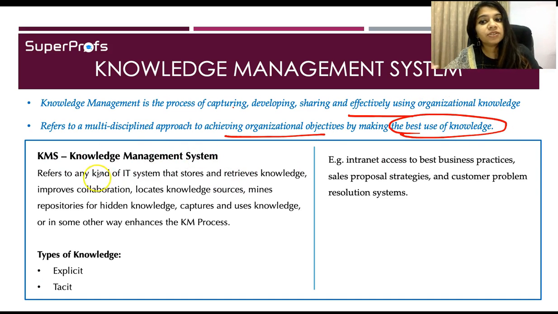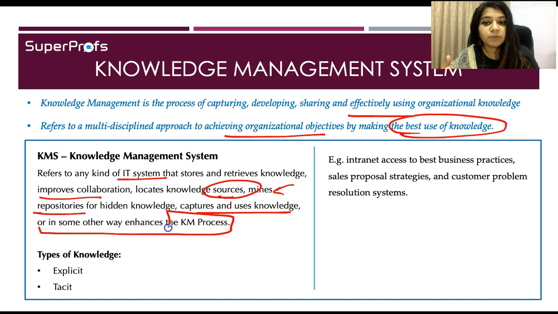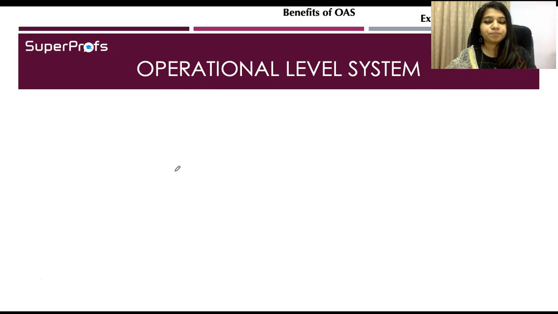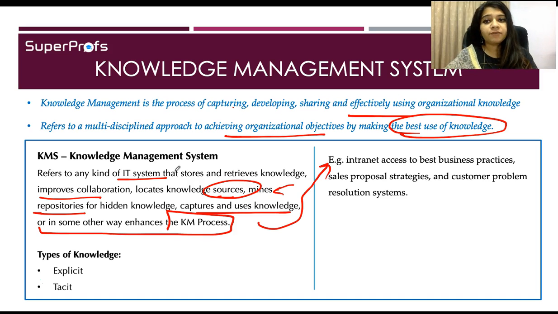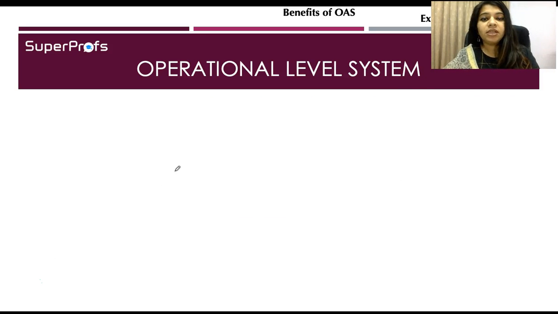A KMS refers to any kind of IT system which stores and retrieves knowledge, improves collaboration, locates knowledge sources, mines repositories for hidden knowledge, captures and uses this knowledge, or in some other way enhances the knowledge management process. An example of this is your intranet access to best business practices, customer problem solutions, case studies, or sales proposal strategies. The next one we have to study is the operational level system.